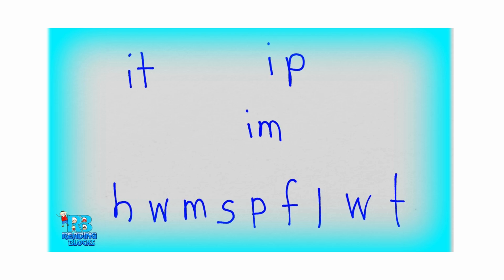Now let's try whim. Very good. And let's try our m. And we have mim. And now let's try our s. And we have sim. Very good. And now let's try our p.